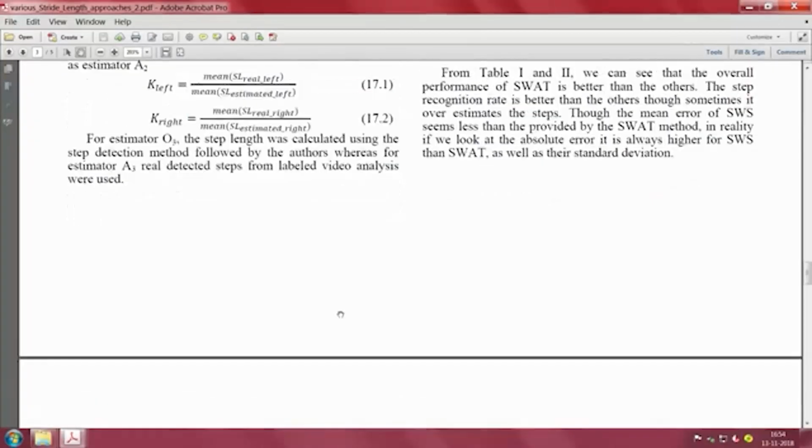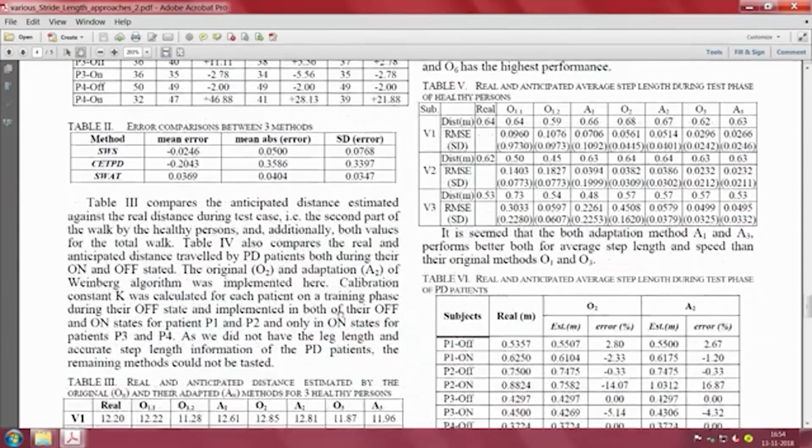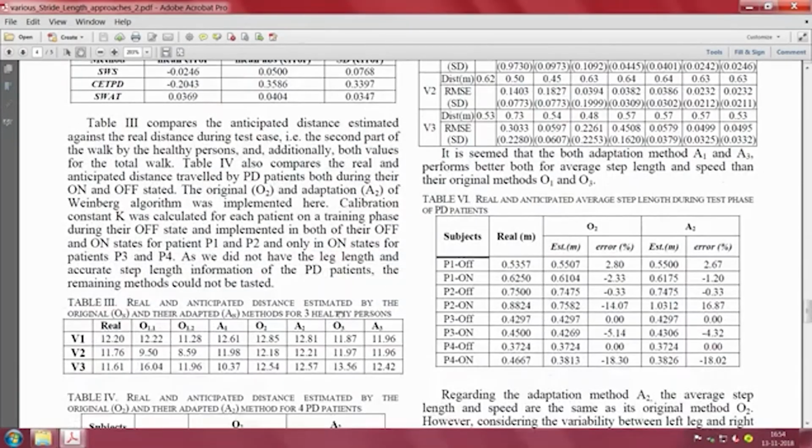and then they have some results associated with this particular application, which essentially looks at the Parkinson's disease case.